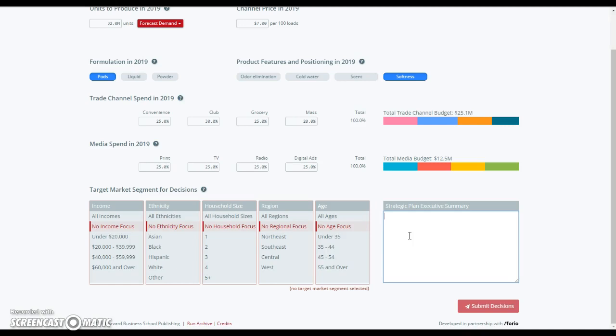So in this case, I plan to focus on Northeast as target group. So that's the target group choice. Price.